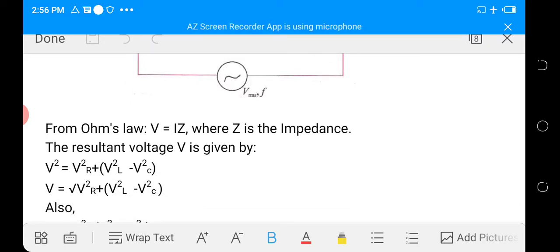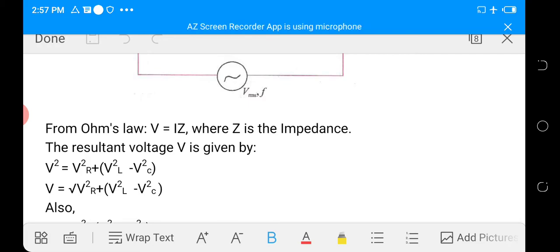Working on this, the combined voltage can be given as V squared is equal to VR squared plus, bracket open, VL minus VC, squared, where V is the combined voltage, VR is the voltage across the resistor, VL is the voltage across the inductor, and VC is the voltage across the capacitor.